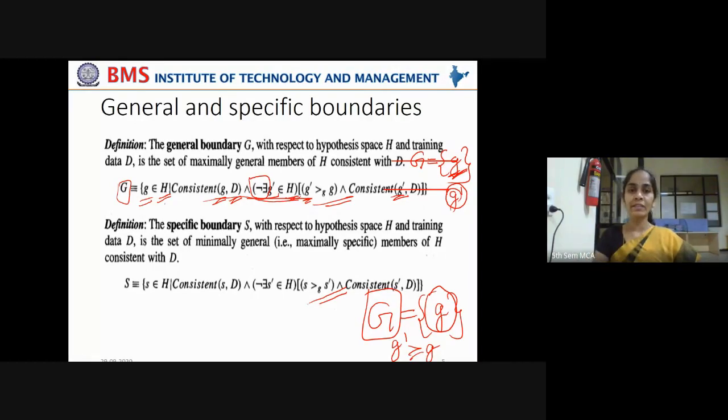There should not exist any other general hypothesis that belongs to the hypothesis space H, which is consistent with D, that is more general than this set of general hypotheses in G. Only then we call that G the general boundary set. If there exists a G dash which is more general than G, then it is no longer a boundary set. It is just a set of hypotheses, that's all.